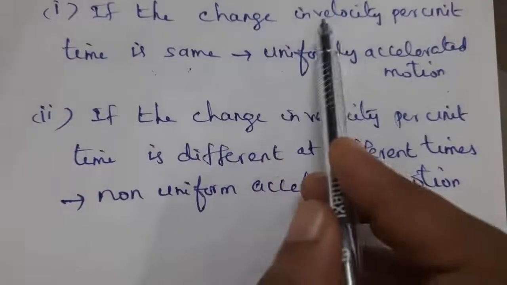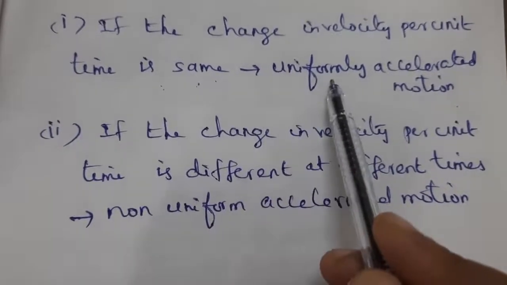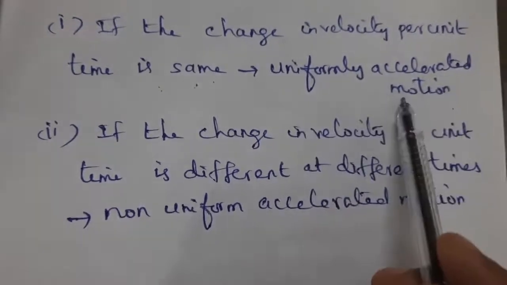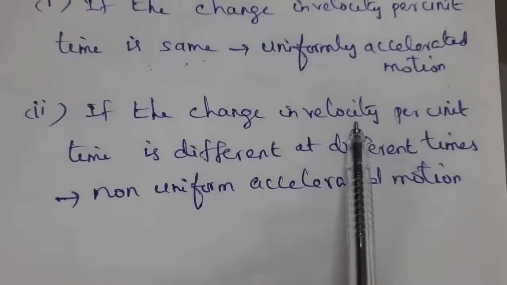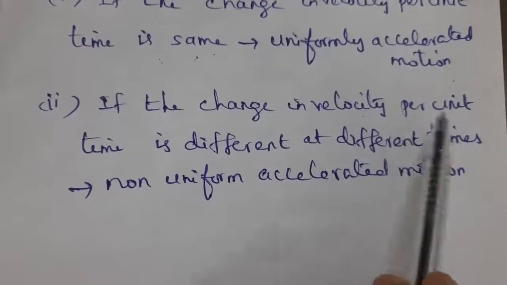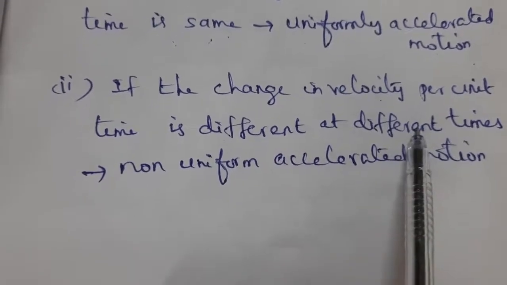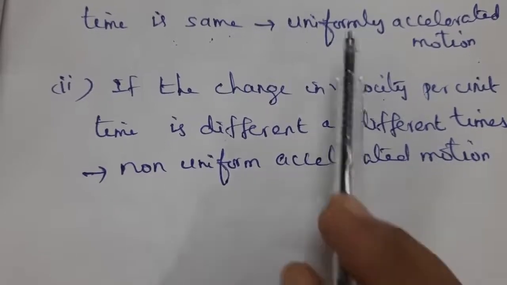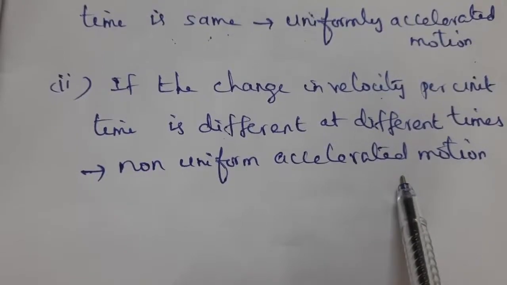On the other hand, if the change in velocity per unit time is different at different times, then the object is said to be moving with a non-uniform accelerated motion. So, two types: uniformly accelerated motion and non-uniform accelerated motion.